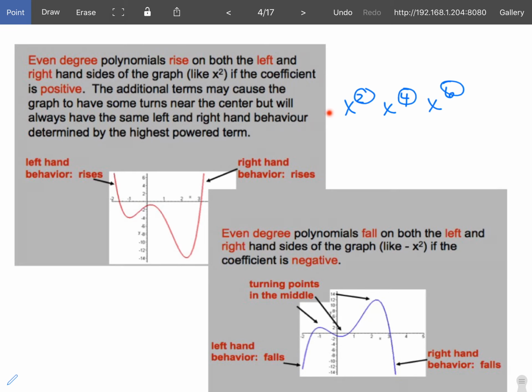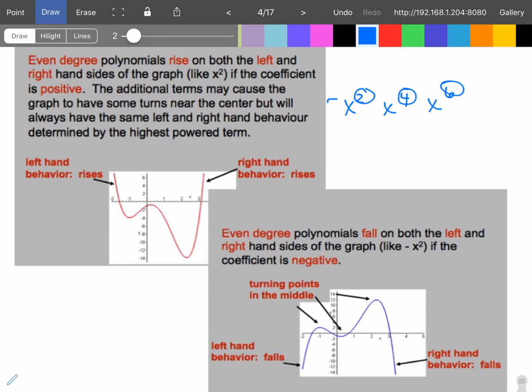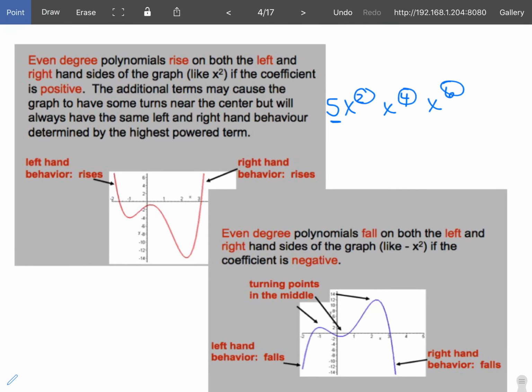Now, if we look in front of the degree, and let's say we have a positive number like this, 5, or it could be any number, but if it's positive, then the right and left end behavior are going up in the positive direction. If in front of the x squared, or x to the 4th, or x to the 6th, we have a negative like this, that means the left and right end behaviors are going downward.